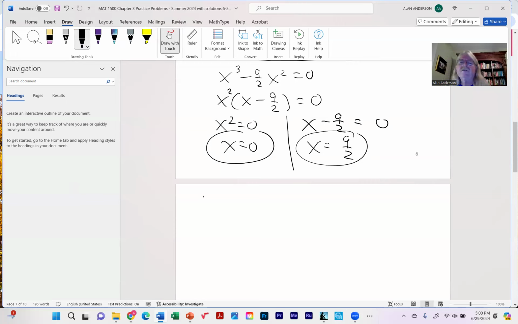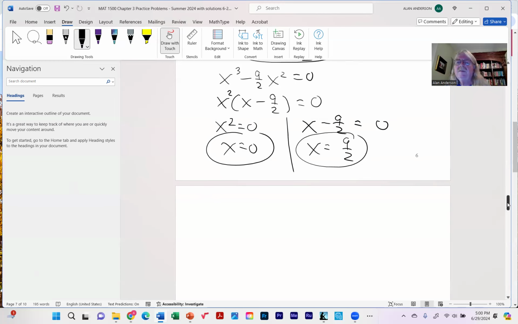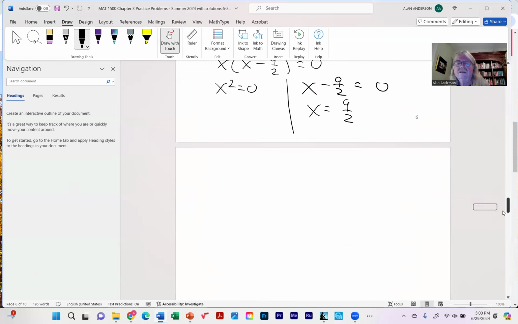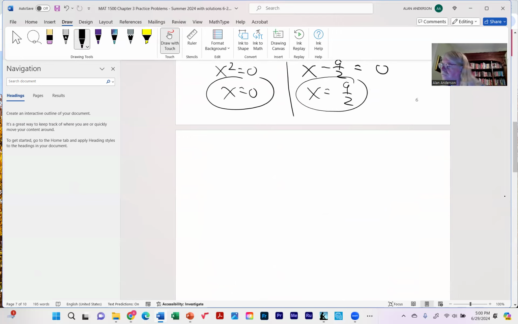Let's check the second derivative at each of these 2 points. Although we can certainly use the first derivative test, it might be quicker to use the second derivative test. So we'll take this 4x cubed minus 18x squared. Okay. And then we'll take the derivative of the first derivative, which is what we mean by the second derivative.